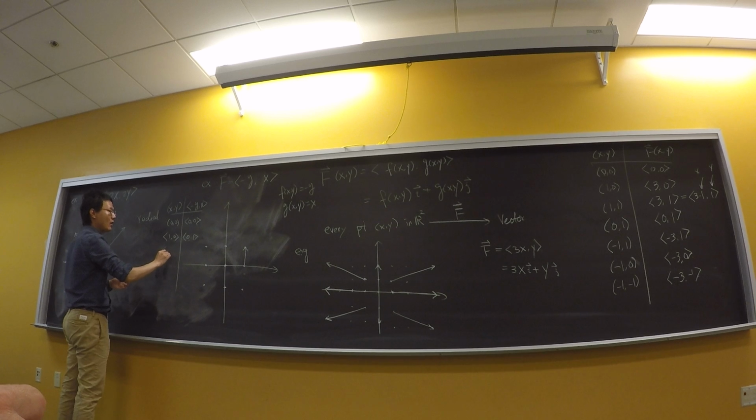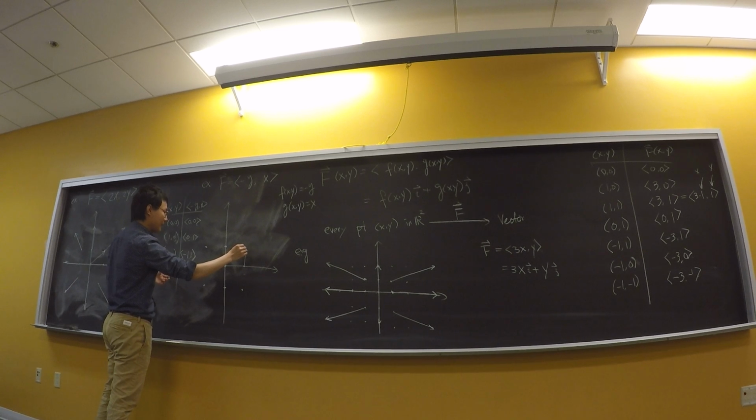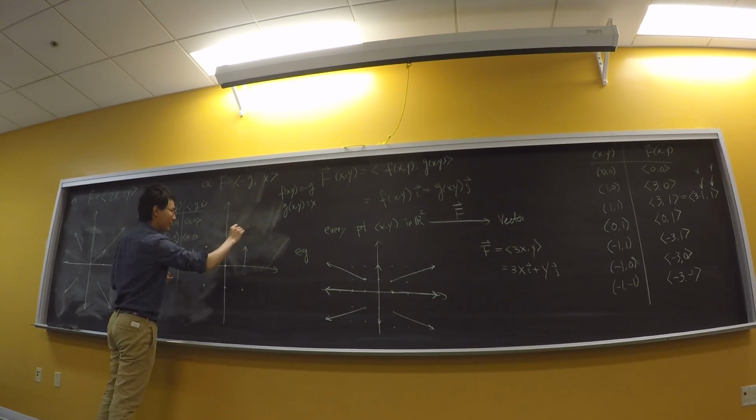So at the point 1, 1, I have a vector which is minus 1 and 1. So I have pointing upwards and pointing to the left. So this is going to be the vector here.